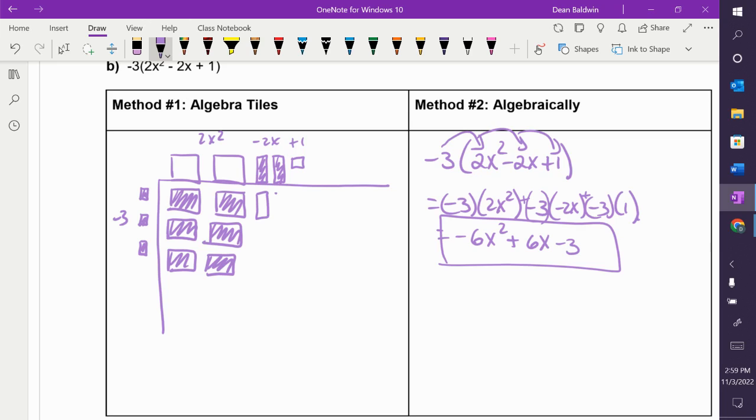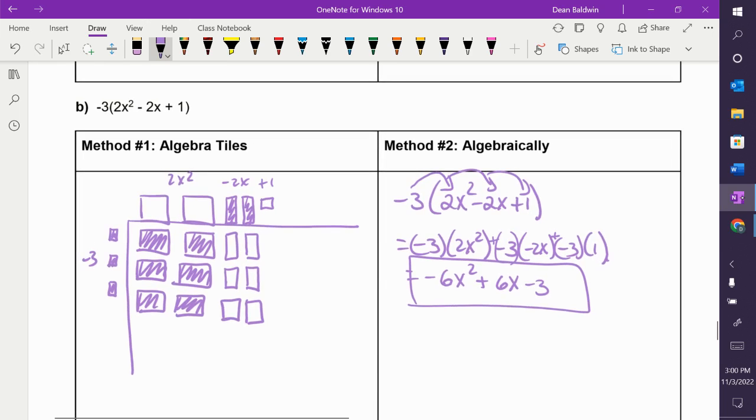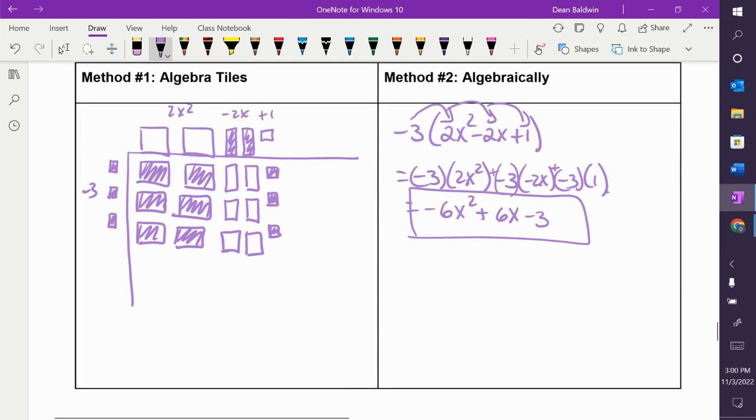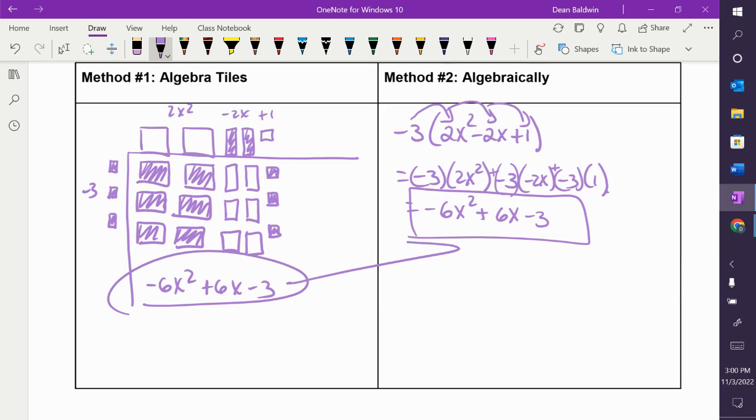Just a little rectangle that is not shaded. And then the little tiny square times the non-shaded little tiny square gives me a shaded square. And that happens 3 times. Which gives me 6 x squared, but they're all negative. There's 6 x's, and there's negative 3 little boxes. So you get the exact same thing.